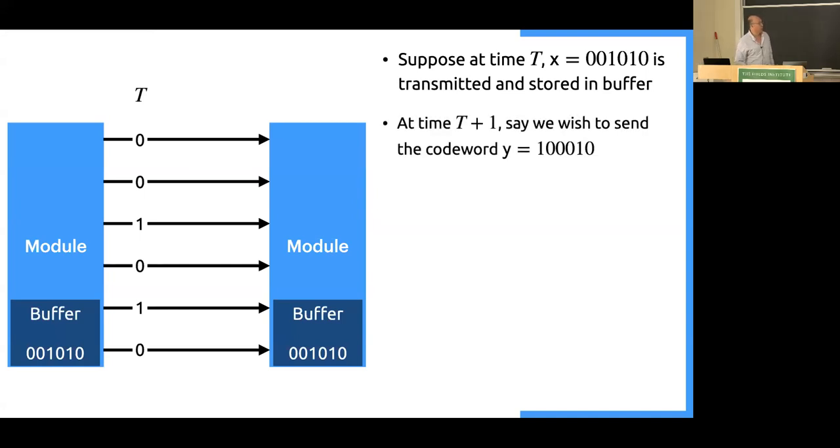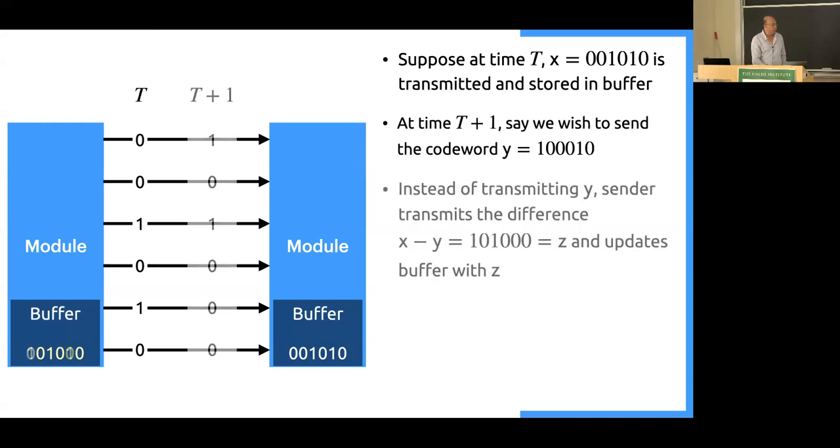Say at time t+1, we want to send the code word y, 100010. What we do is not send y directly, but send the difference of x and y. Instead of transmitting y, we send x minus y, or x plus y, since we are in a field.